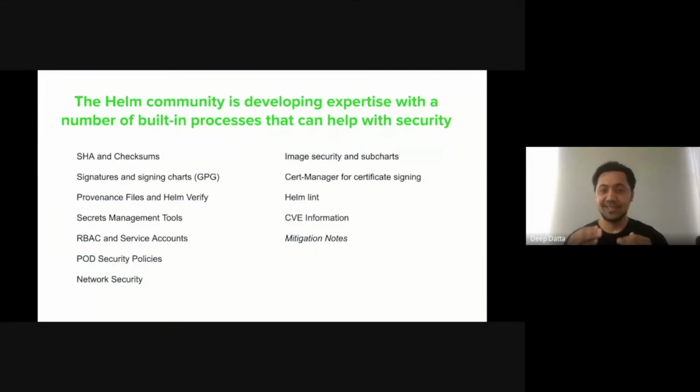So you don't have to memorize this list. I'm going to go through each one by one, but I've broken out these concepts in a way that is manageable. One other thing to call out is Helm is a package manager for Kubernetes. That means some of the security concepts I cover in this overview are directly dependent on security tools that are being used in Kubernetes itself. So if you're familiar with Kubernetes, some of this is going to be very familiar to you.